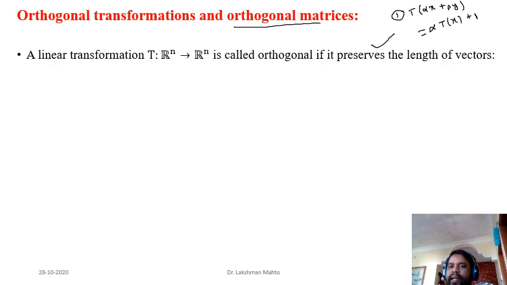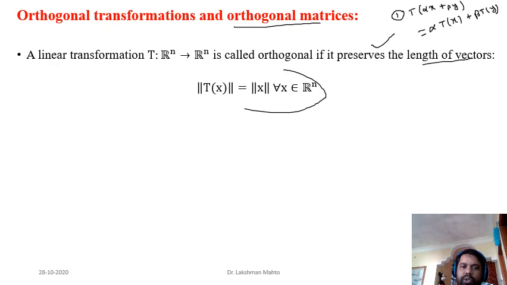So we are taking a linear transformation. Apart from being a linear transformation, it also does one more thing: it preserves the length of the vector. That means the length of x is equal to the length of the image of x. So you can say this linear transformation is length invariant.